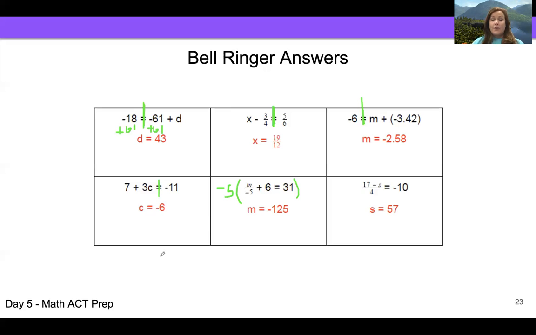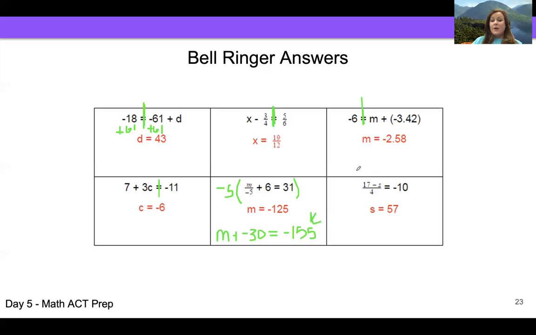It cancels each other out. So now I get a problem that looks like this. M plus a minus 30 is equal to a minus 155. Doesn't this look a lot better to solve than the original? Yeah. And so now minus 155 plus 30 gives me negative 125.